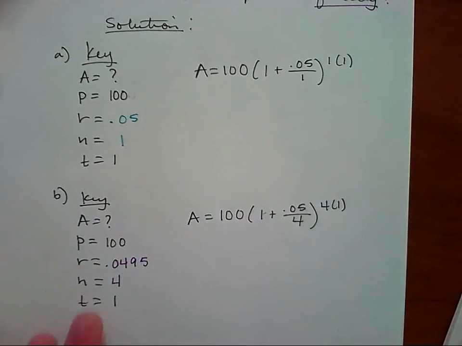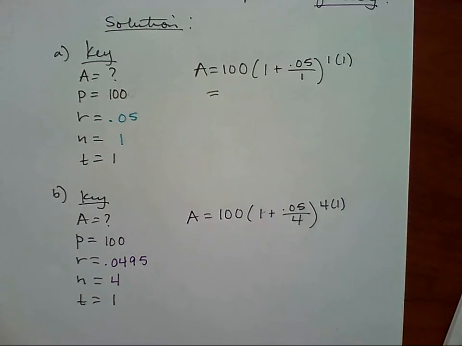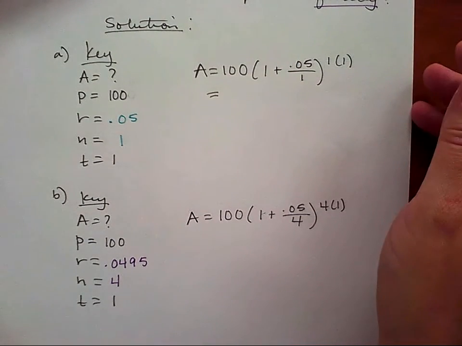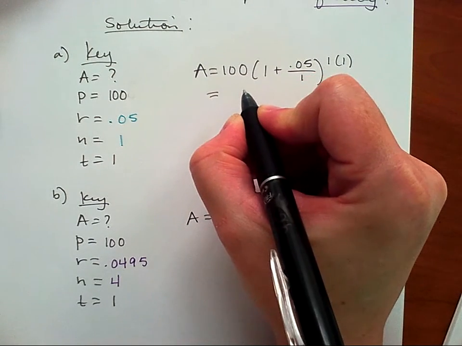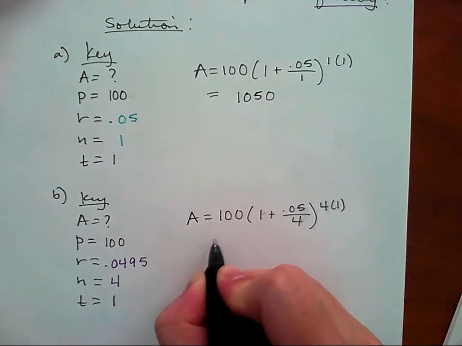So you guys chose good numbers. I like it already. What'd you get for A? Proud of you. What'd you guys get for A? 1,050. What'd you get for B?